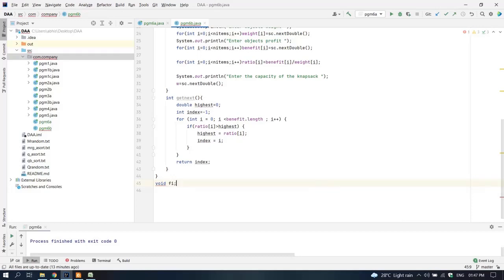Now we are going to make another method called fill. This is going to fill the knapsack according to their priorities in the ratio.